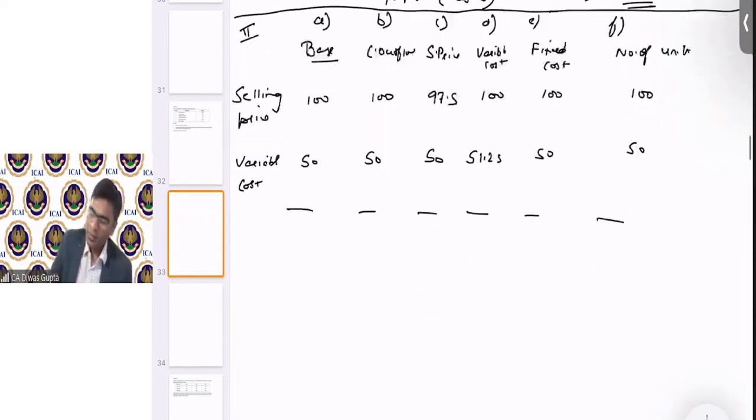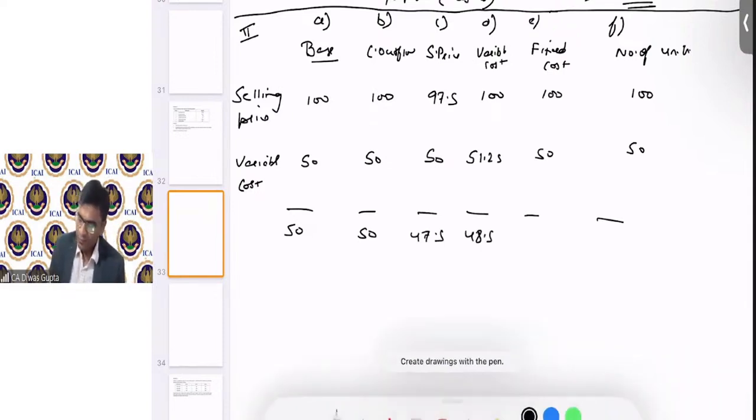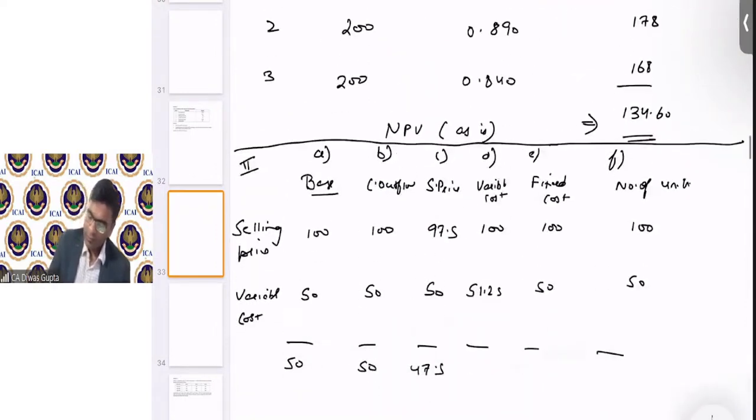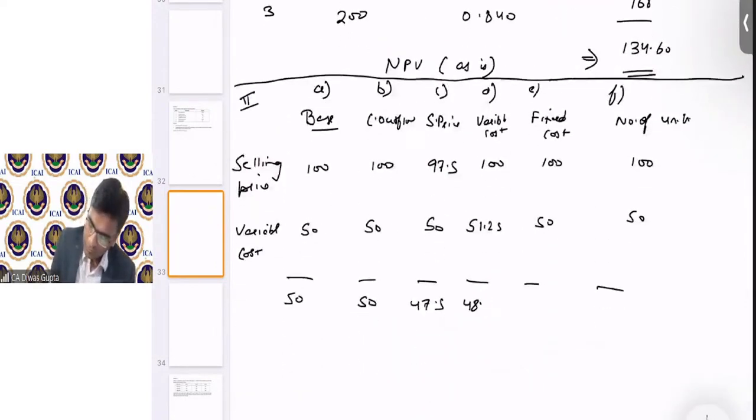The net contribution per unit will be 50, 50. Here it will become 47.5. Here it will be 48.75.